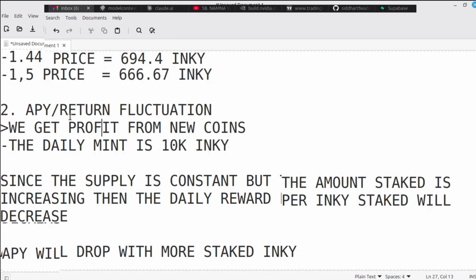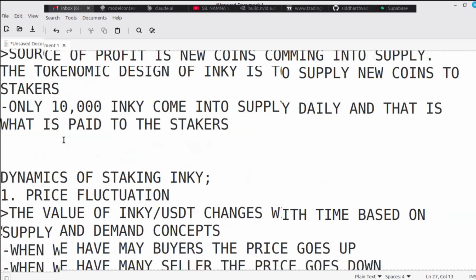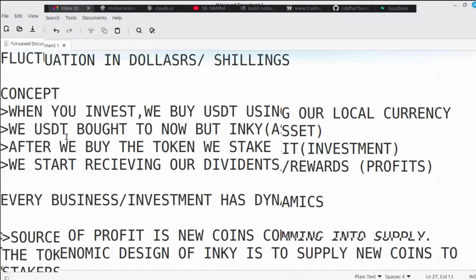Okay, that's not the main subject for today, but what I was trying to get people to understand is the dynamics that you're going to face in this business, because this business is very straightforward. I simplified it here: this is a business where you are buying an asset which gives out staking rewards. With your local currency, you buy USDT.